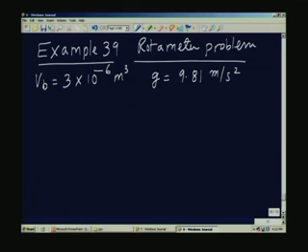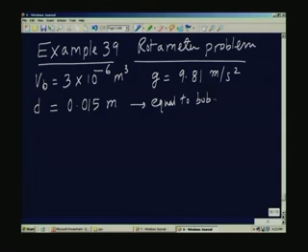V b is the volume of the bulb, and then the diameter of the tube at the bottom, this is 15 millimeters, it will be 0.015 meter, and the diameter of the bulb is also equal to that.